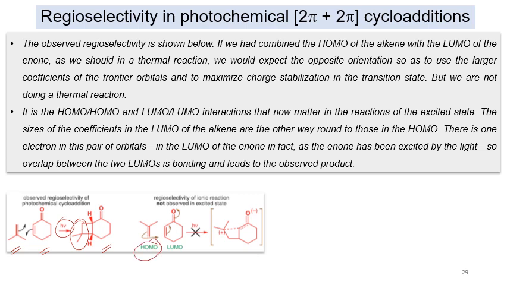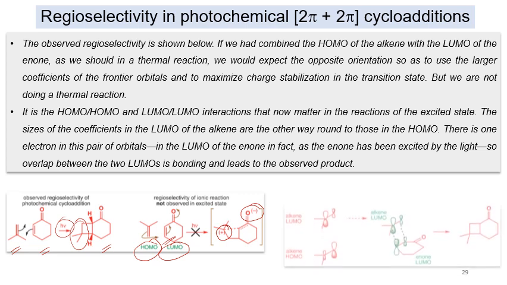If you consider the HOMO and the LUMO of this substrate, then the electron flow would be according to the arrows shown here, leading to a positive charge which would be highly stabilized because of the two alkyl groups, and a negative charge which would be highly stabilized on the oxygen. But obviously we are not doing a thermal reaction.